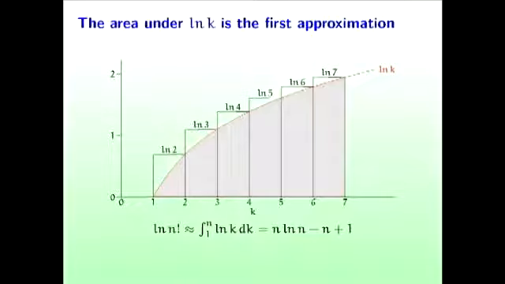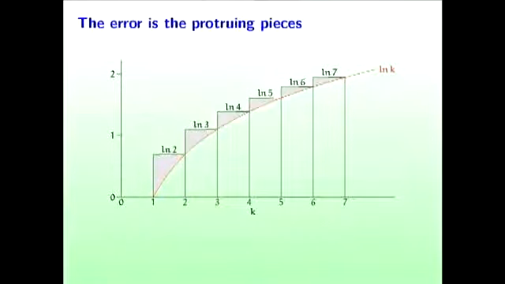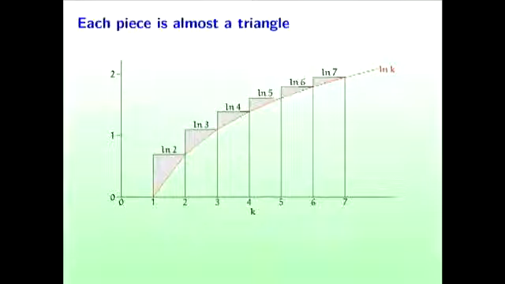Okay, now the error. Where does the error come from? Well, it comes from the protrusions beyond the log n curve. So there you have the protrusions. We'd like to add up all those protrusions. Well, how are we going to do that? Each piece is almost a triangle.